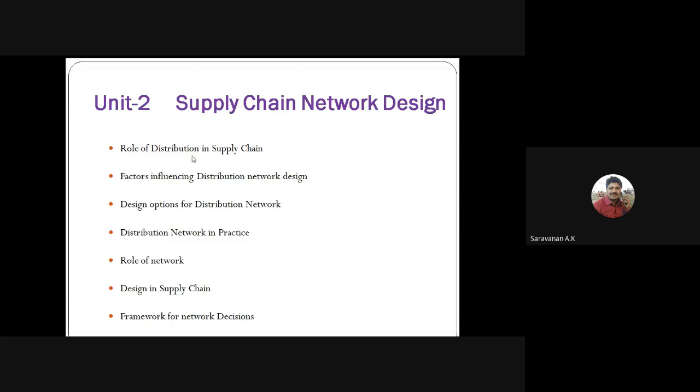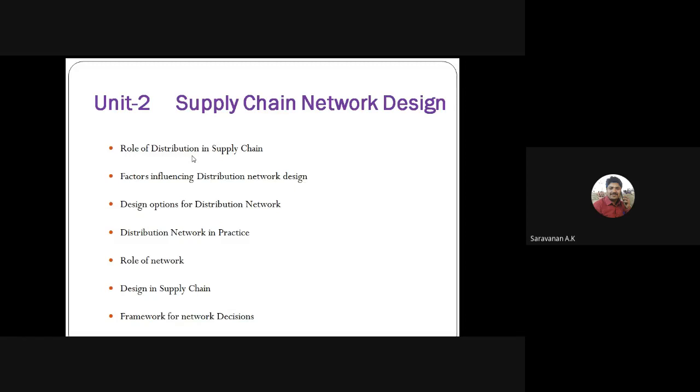So you know what the distribution is and what the distribution channels are. Then what are the factors influencing the distribution network design? In those factors we concentrate on two parameters. One is the customer's experience and the second one is the cost, the supply chain cost.